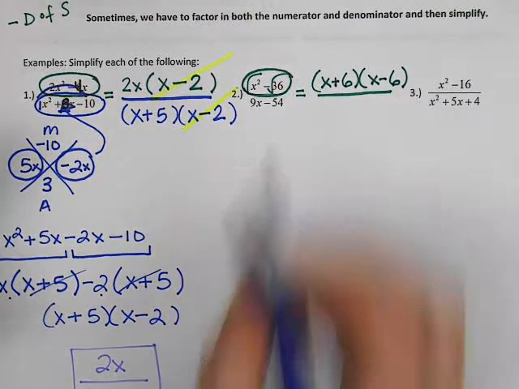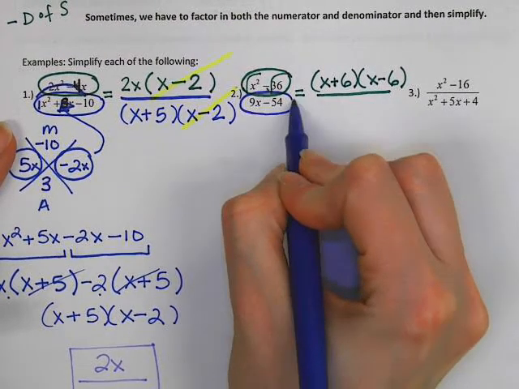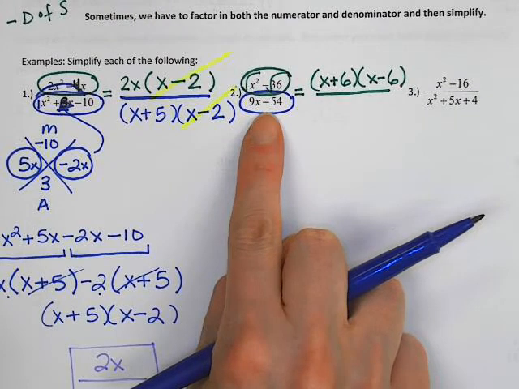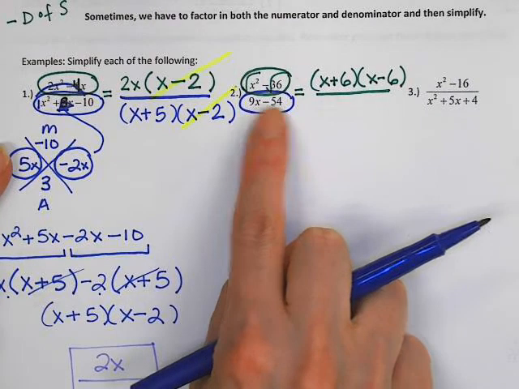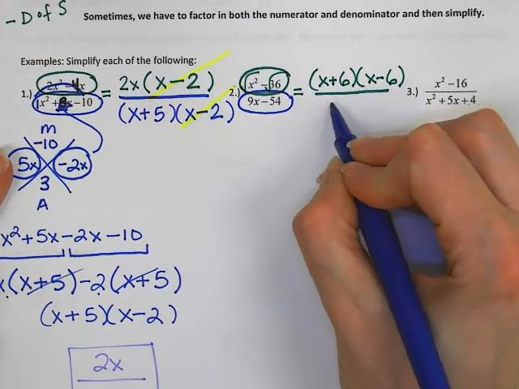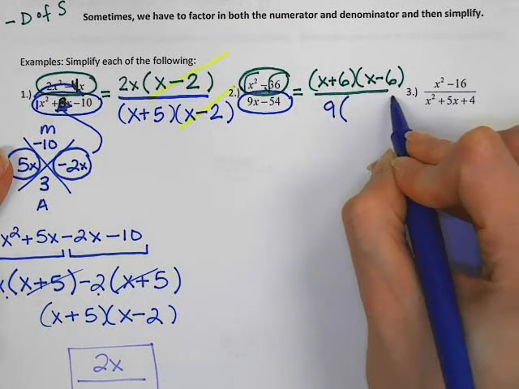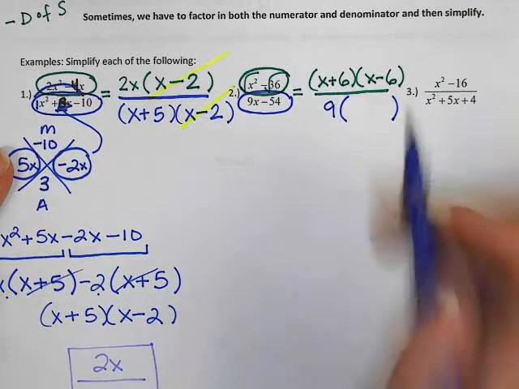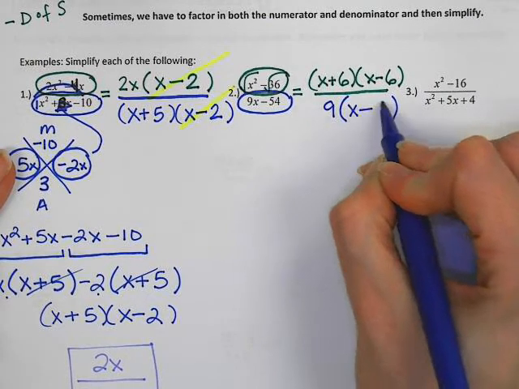Okay, what about the denominator? This one I would say is a GCF, because what do 9 and 54 both divide by? They both divide by 9. And if you divide them both by 9, you're left with x minus 6.